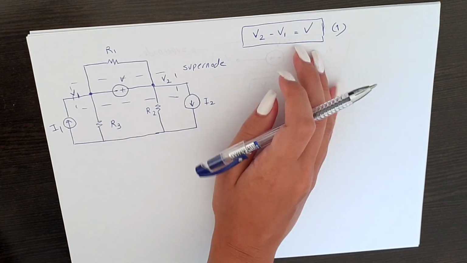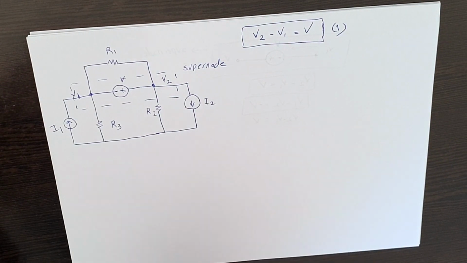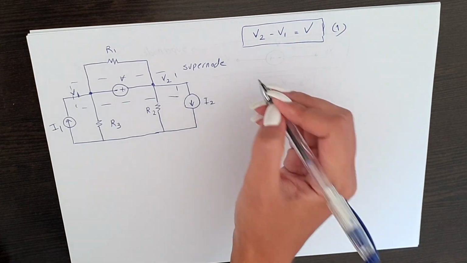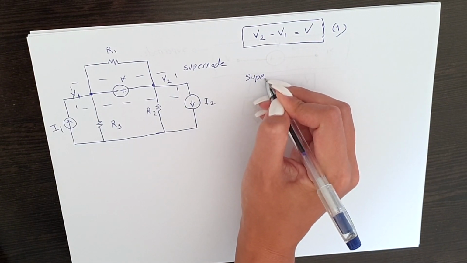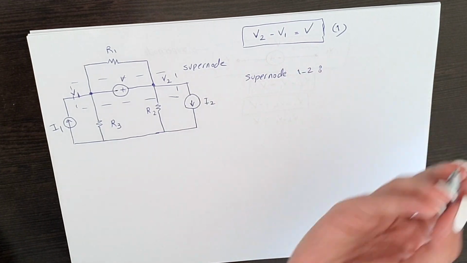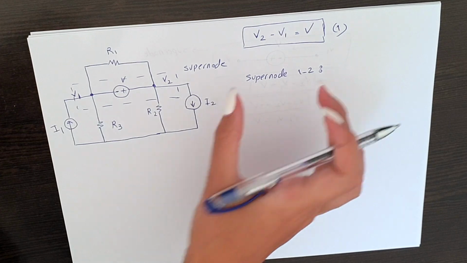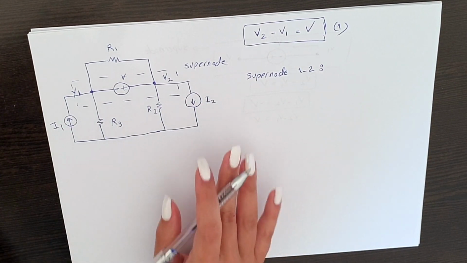So we have two equations, we can solve this easily. So how do we get our second equation? We say, instead of saying node 1 or node 2, we say super node 1, 2 in here. And we're gonna be writing down all the currents and then equal them to 0. But one thing here is very important, you need to know.